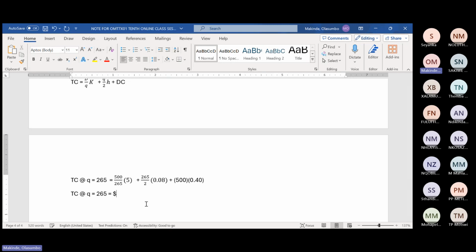So that is 220.03. Now you can find the difference, the cost increase, and you can see it's very small. This is why sensitivity analysis is very important, because sometimes you believe you want to order more than the EOQ, and then you want to look at the cost implication of going beyond the EOQ.